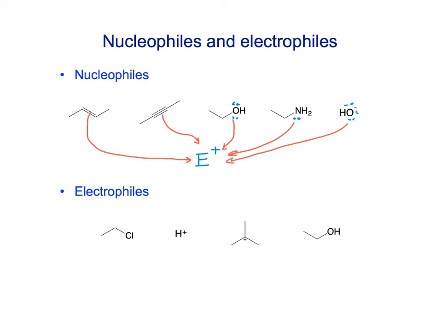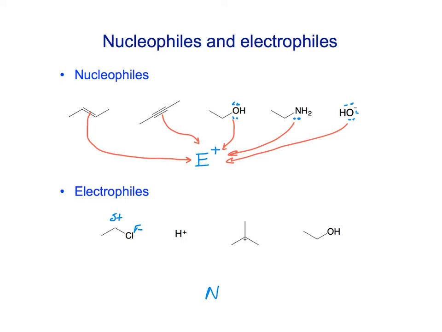All right, electrophiles are going to be those species which accept electrons. So there's going to be some part of that molecule that has either a full plus charge or a partial plus. So if we have polarized bonds like this carbon-chlorine bond, chlorine is more electronegative, so it pulls the electron density toward it. So it builds up a partial negative charge, leaving a partial positive charge on the adjacent carbon.